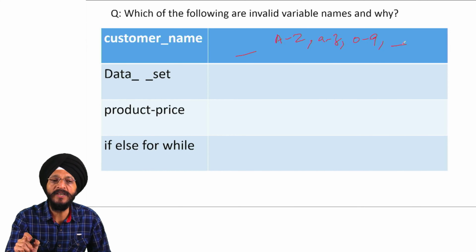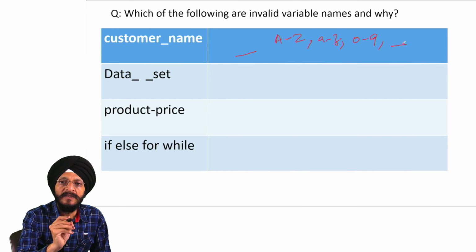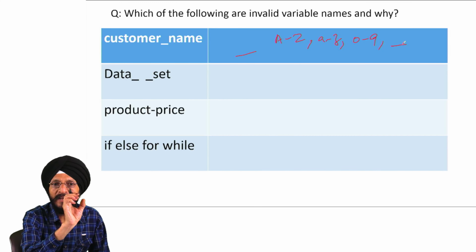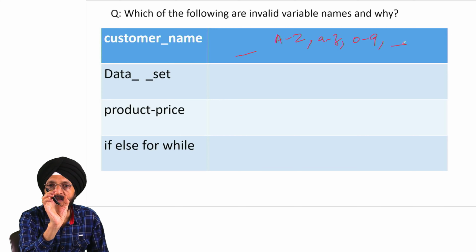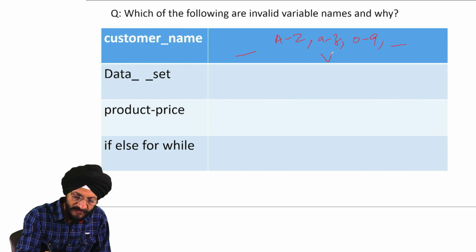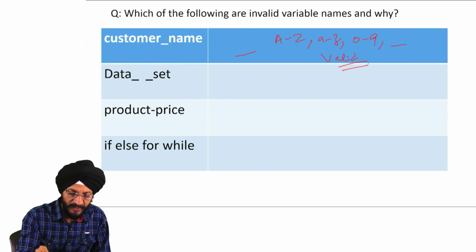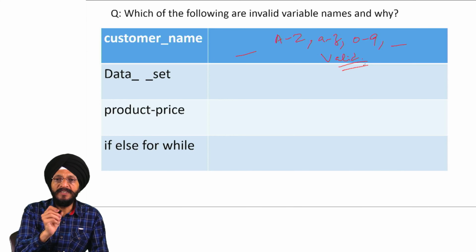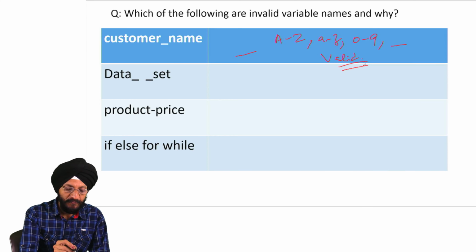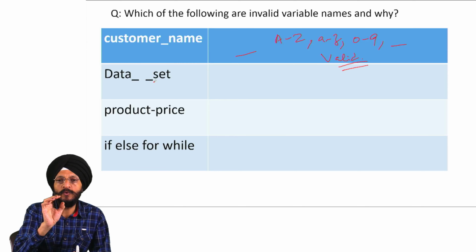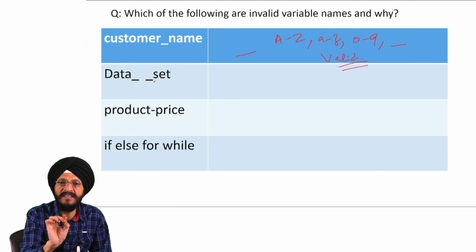Here we are making use of letters in small letters, and here we have used underscore. Here it is a valid variable name.